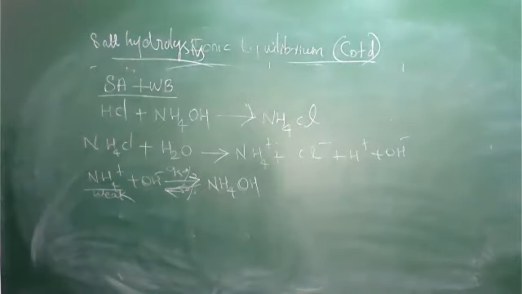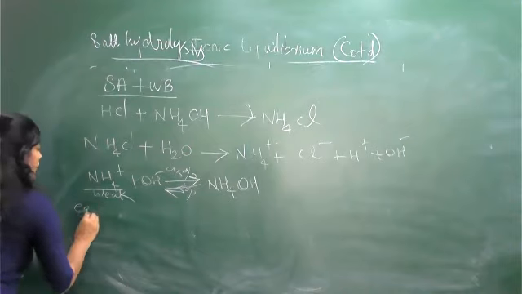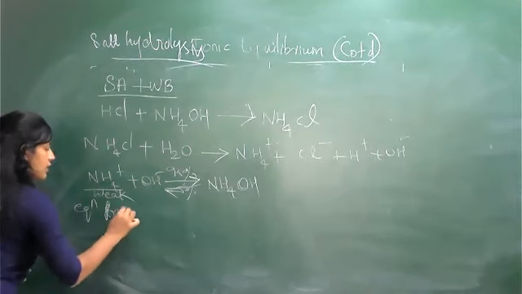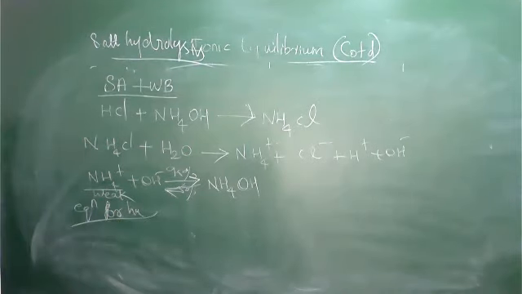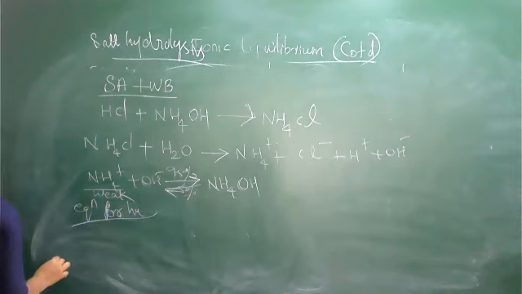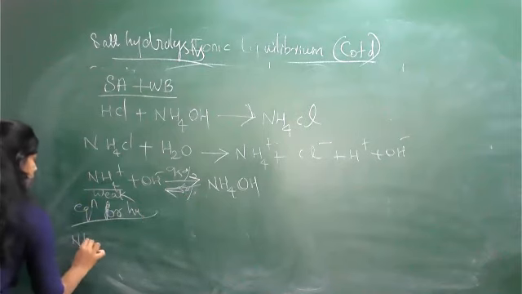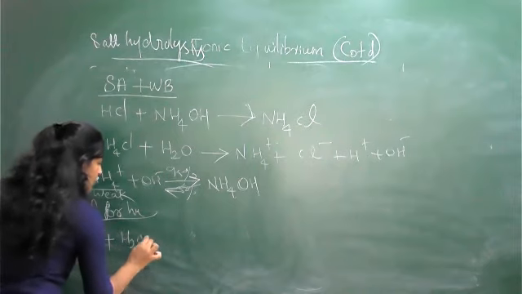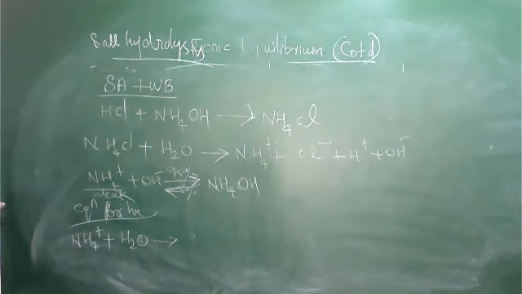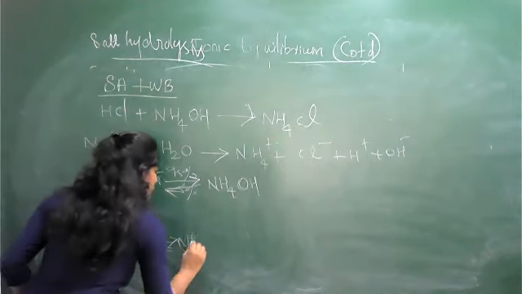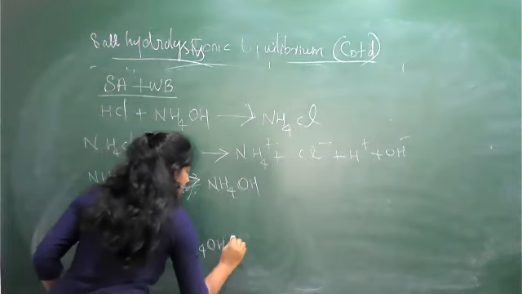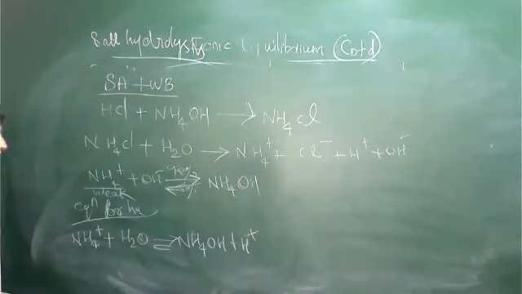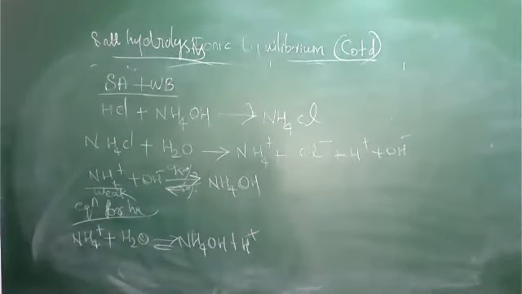Then the next one is the equation for hydrolysis. The NH4 plus ion reacts with H2O. What happens? NH4OH plus H plus become formed.